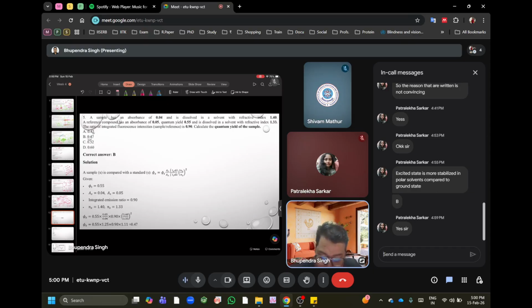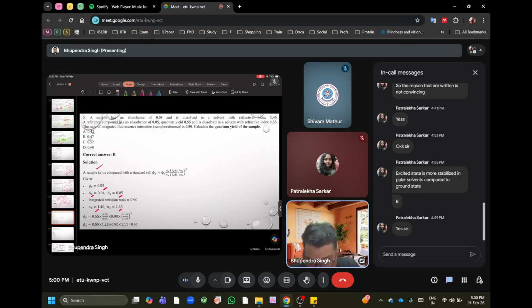The question is: a sample has an absorbance of 0.4 and is dissolved in a solvent with a refractive index of 1.4. A reference compound has an absorbance of 0.5, with quantum yield of 0.55, dissolved in a solvent with a refractive index of 1.